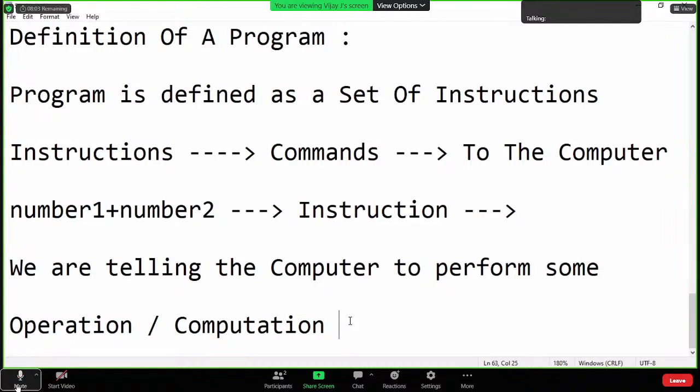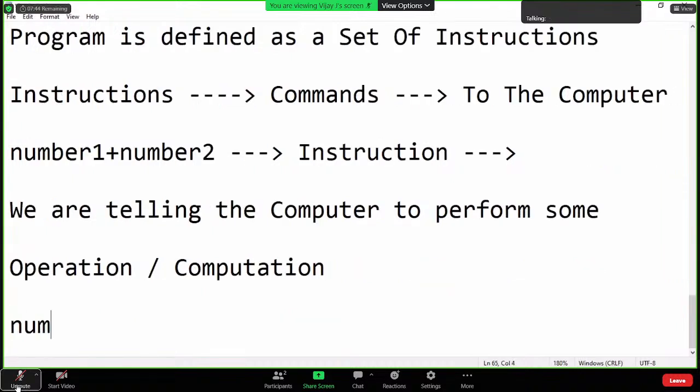Okay, yeah. So the important thing is, what is a program? A program is defined as some set of instructions. For example, here we find one instruction like number 1 plus number 2. Do you find any more instructions? Yes, we find some more instructions. You are taking number 1 is 10. When we say number 1 is 10, it's also an instruction.